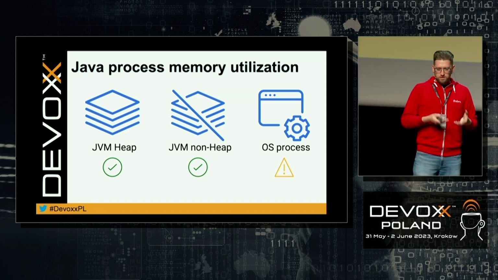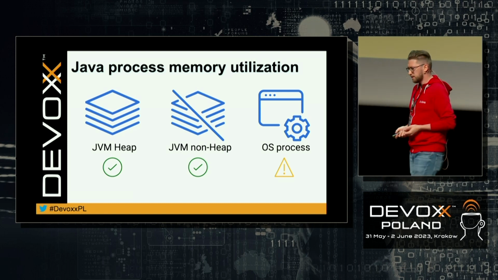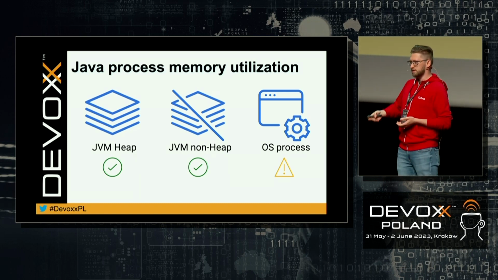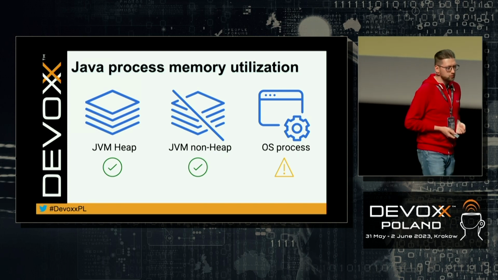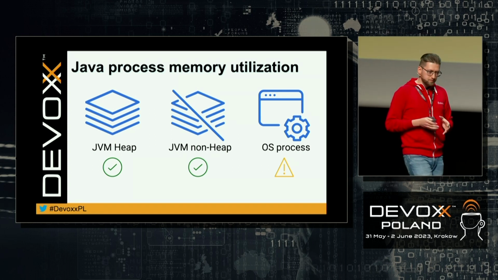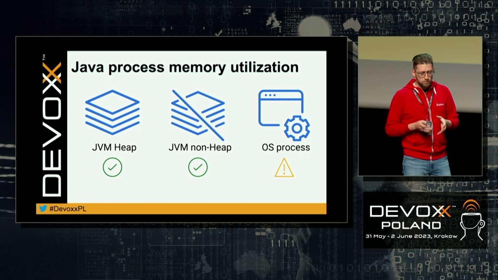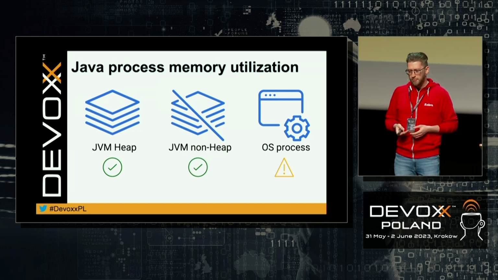Why is Java not able to find out where we see the increase, and why is it not visible? It's clearly stated in the NMT documentation that this feature is limited to the memory which is actually allocated by the JVM. And it makes sense, right?